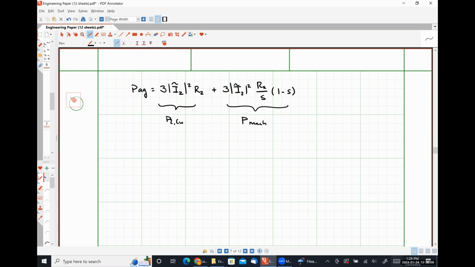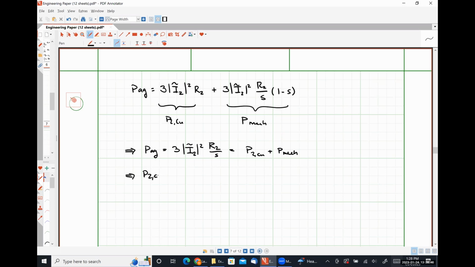So just to summarize these relationships, because we can kind of see what's going on here. Power that's delivered across our air gap is 3 times the magnitude of I2 squared times R2 over S, which is also simply the sum of the copper losses in our rotor plus the mechanical power delivered to our rotor.